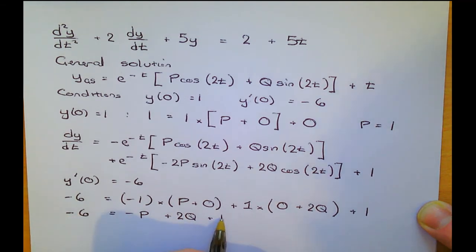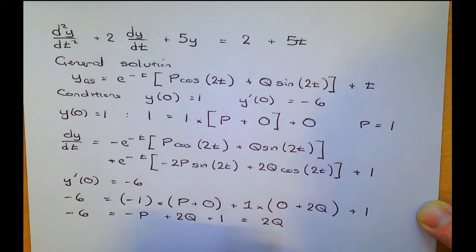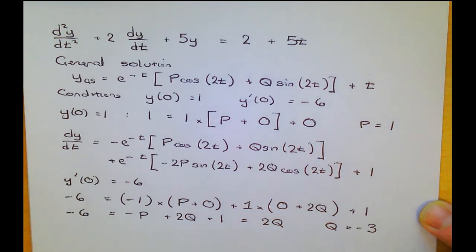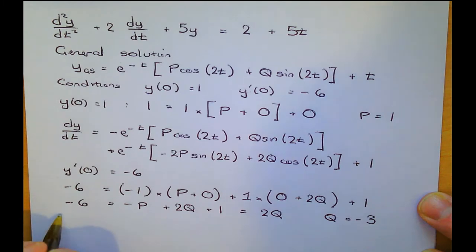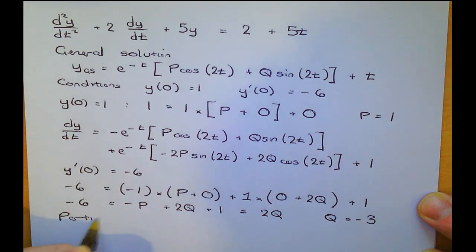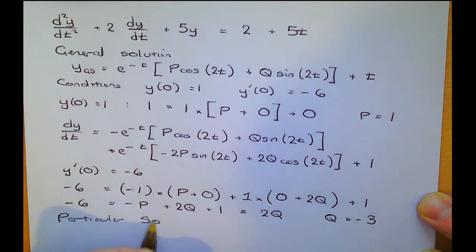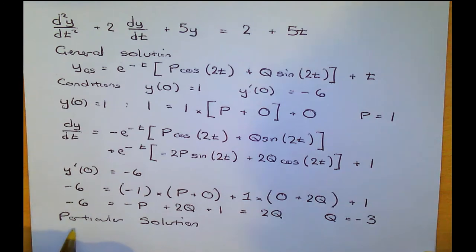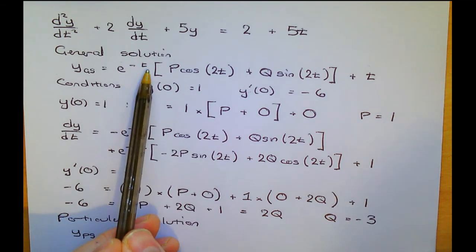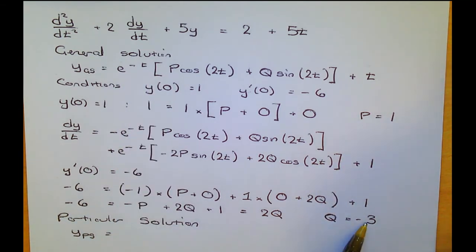Minus p will be minus 1. So the minus 1 and the 1 will cancel. We'll be left with 2q. 2q is minus 6. q is equal to minus 3. We've found both the constants. So the particular solution, we take our general solution, we found p, and we found q.